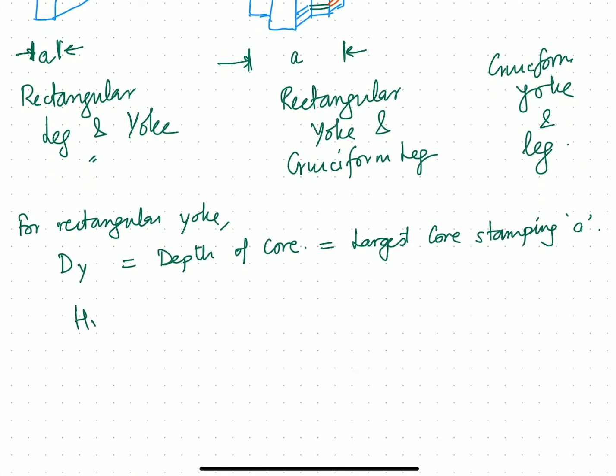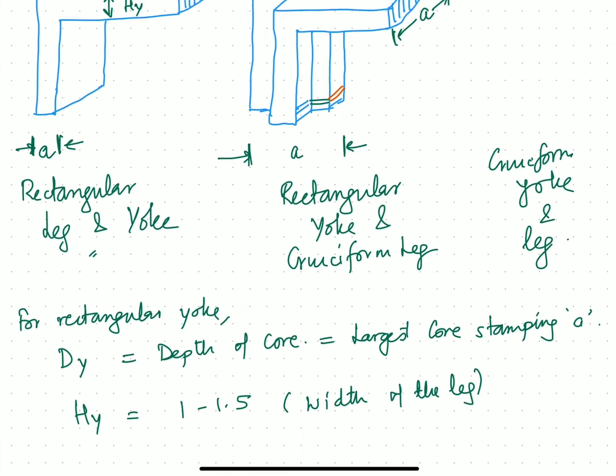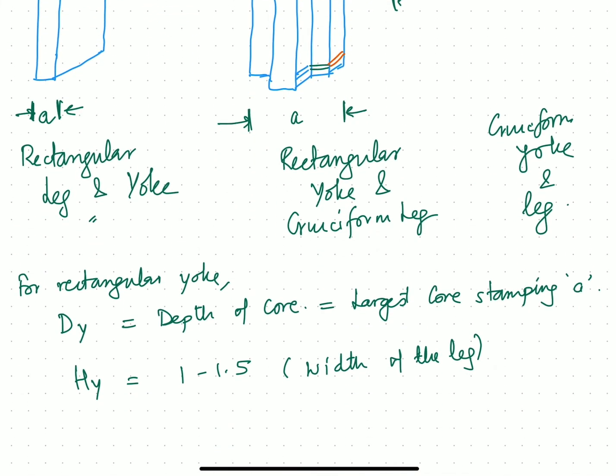The height of the yoke hy is equal to 1 to 1.5 times the width of the leg. The width of the leg here is A. So the height of the yoke is taken to be 1 to 1.5 times the width of the leg.